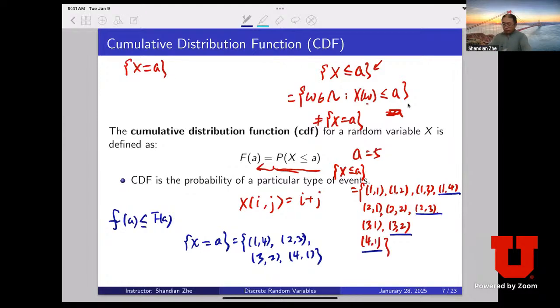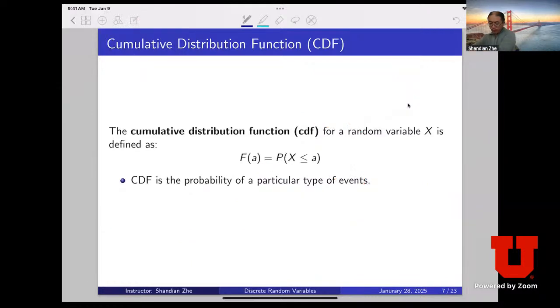Okay, so what does the CDF look like if we visualize it? This is a little bit different from the PMF. The CDF is more like accumulation. That means when A is large enough, X less than or equal to A will always be true, right?